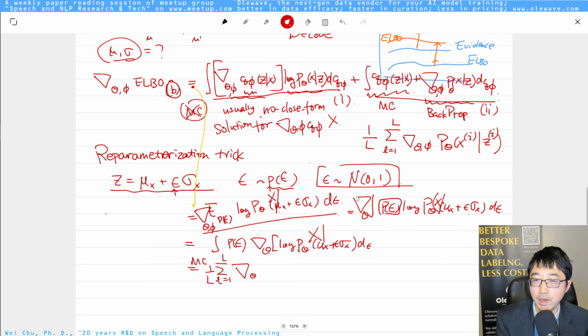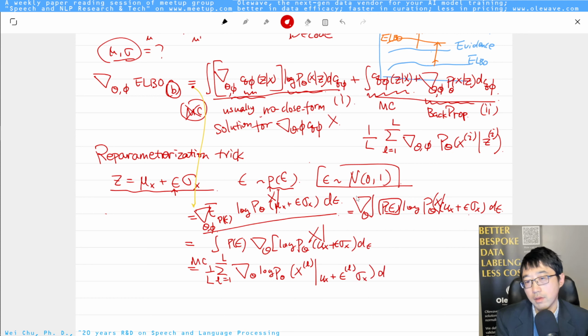Then this part is log P theta of x_l, and the mu x plus epsilon_l sigma theta x. I don't think the D is over here, it's gone.